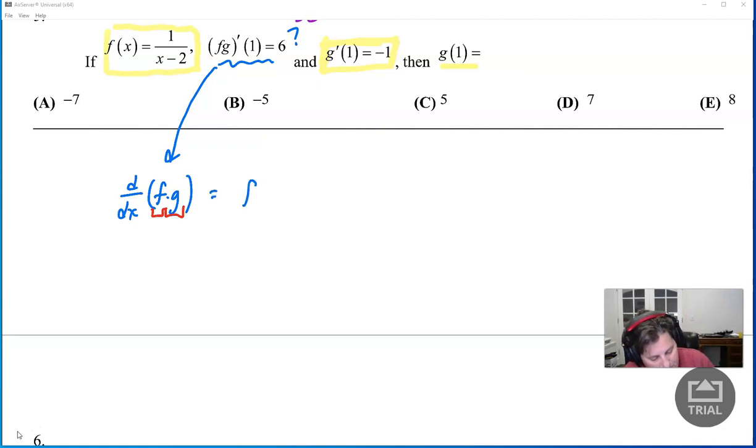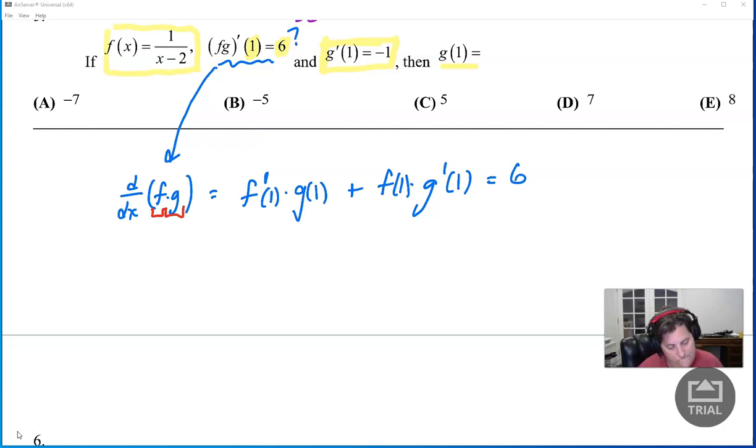So I would go derivative of the first times the second plus first times derivative of the second. And what does this tell me? This is telling me that when I evaluate that at 1, it equals 6. Which means f prime of 1 times g of 1 plus f of 1 times g prime of 1 is going to equal 6.